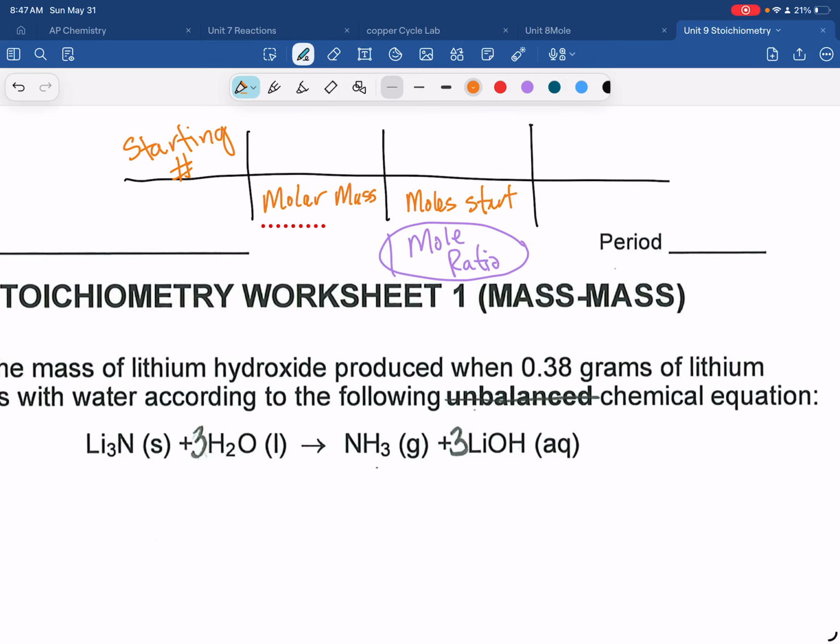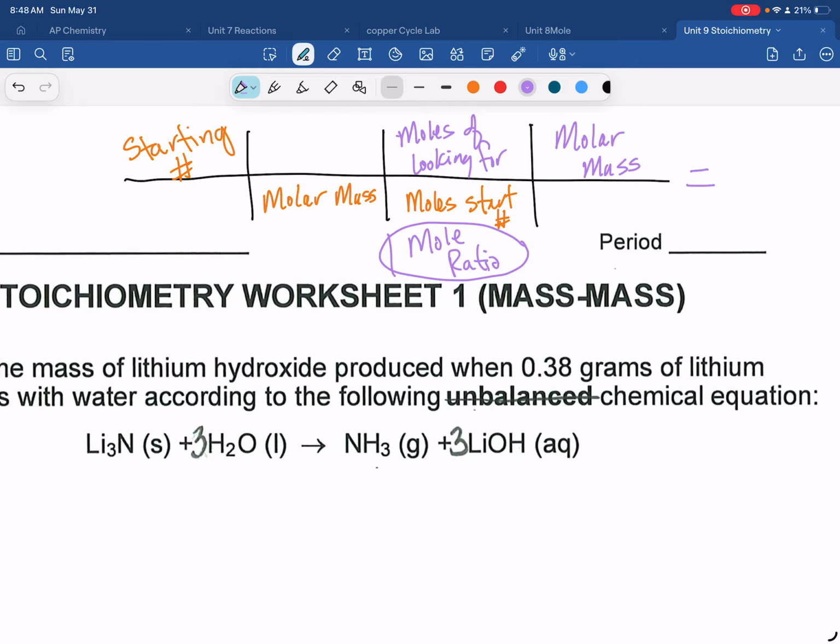And then over here is the moles of what you're looking for. Okay, and then the last step is going to be the molar mass of what you're looking for. This is kind of the formula for any mass problem.